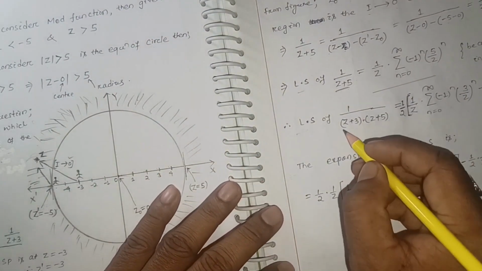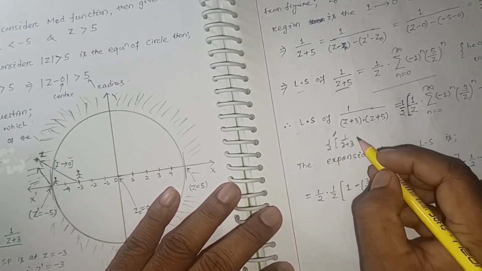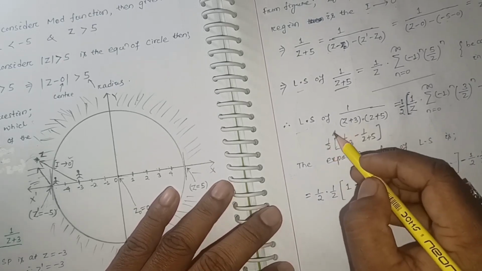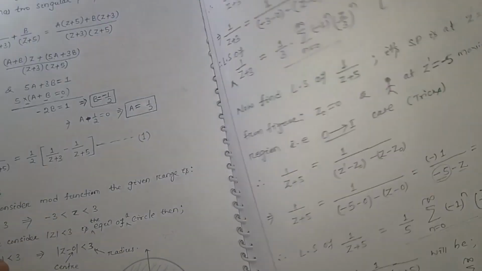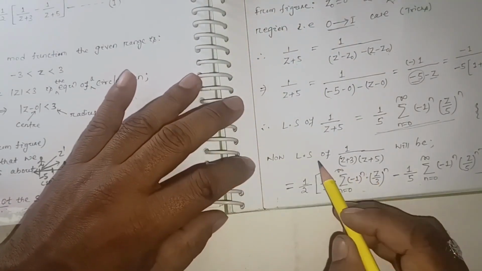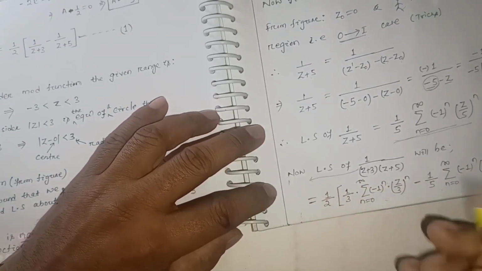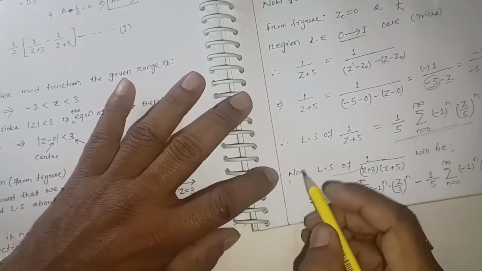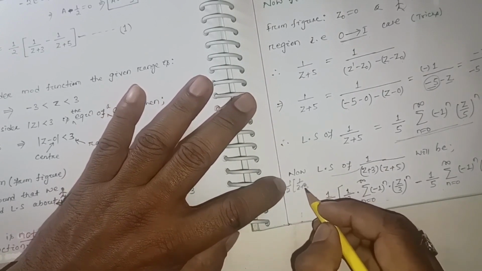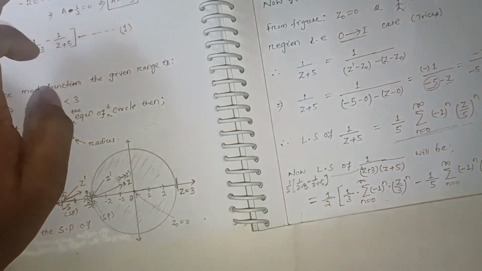I am going to write this is equal to 1 by 2 into 1 by z plus 3 minus 1 by z plus 5. This is the Laurent series of this function, which is nothing but 1 by 2 of 1 by z plus 3 minus 1 by z plus 5, equal to this much, right?